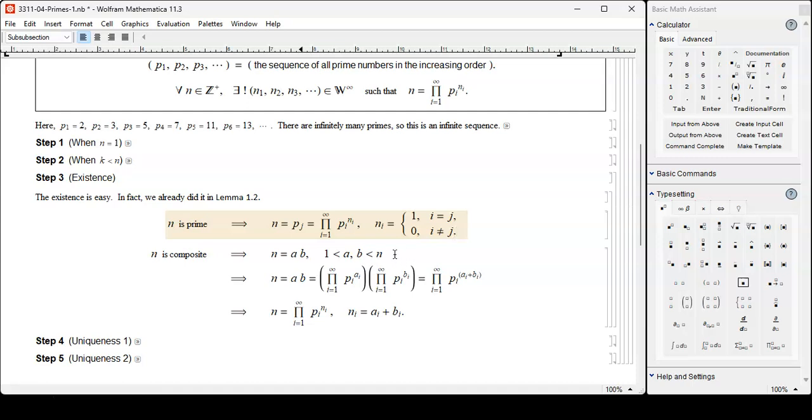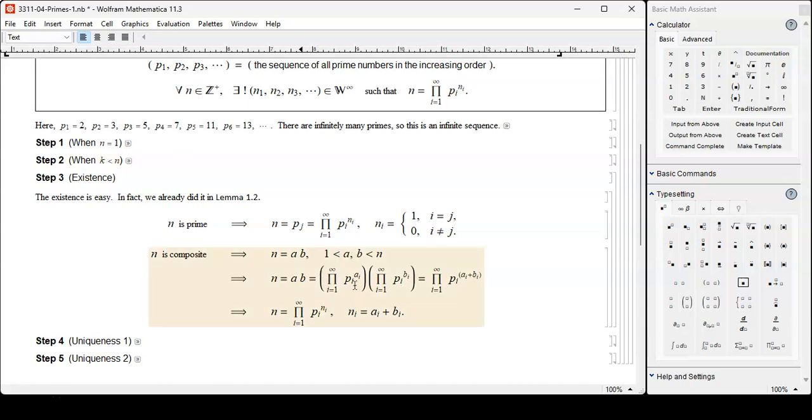If n is composite, then we can rewrite it as a times b, where a and b are both greater than 1 and less than n. So they fit into this inductive hypothesis. As a matter of fact, I should have said greater than 0 and less than n, but I don't think that's really necessary.